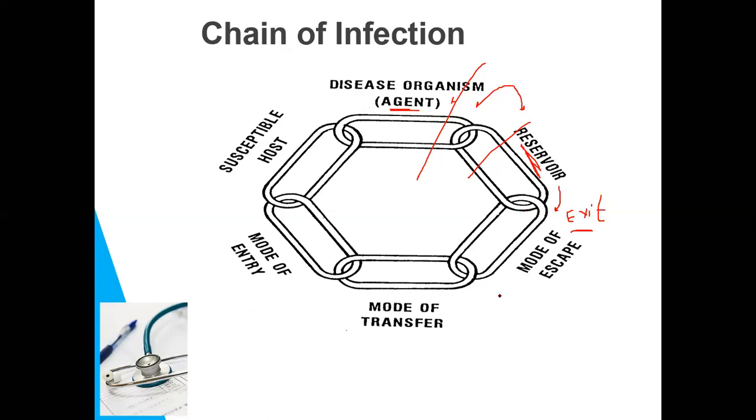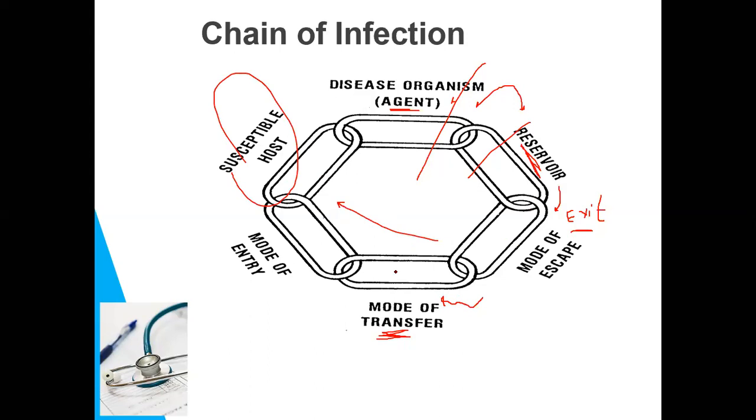طيب الانفكشوس agent طلع من الريزرفوار وماشي عايز يروح الهوست. عشان ينتقل للهوست it should do some procedures or some process ده اللي احنا بنسميه mode of transmission اللي هي طريقة الانتقال، خروجه من الريزرفوار وانتقاله إلى الهوست.